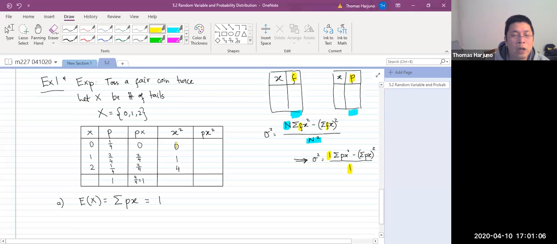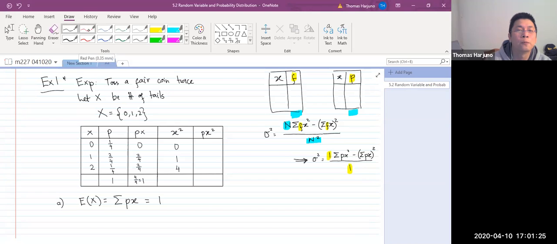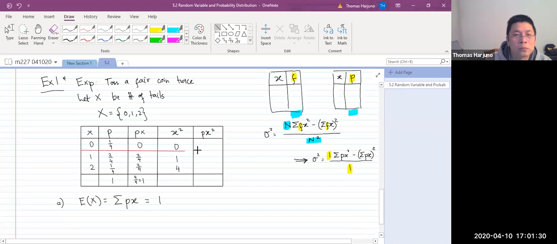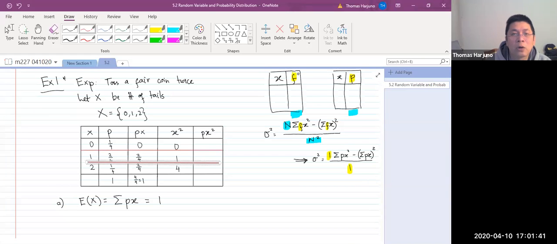Now, when you get the x squares, you multiply each x squared by the corresponding probability. Now, if you have your microphone, you can activate that. Help me here. What is the px squared for the first row? That's 0, that's right. How about the second row?